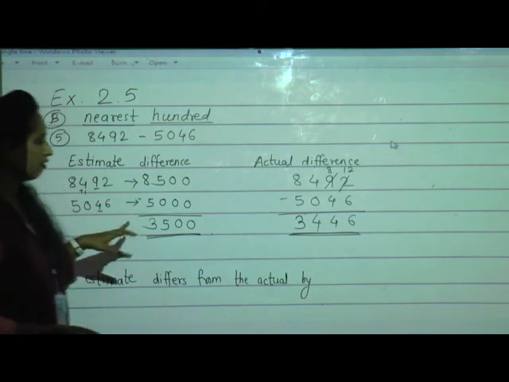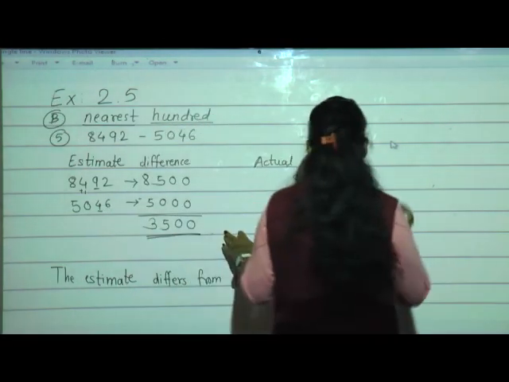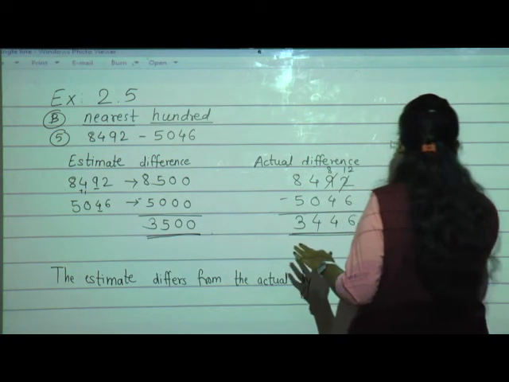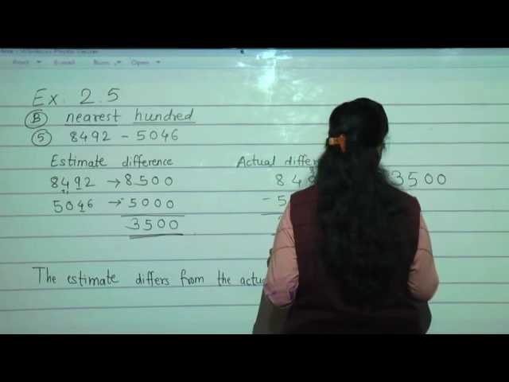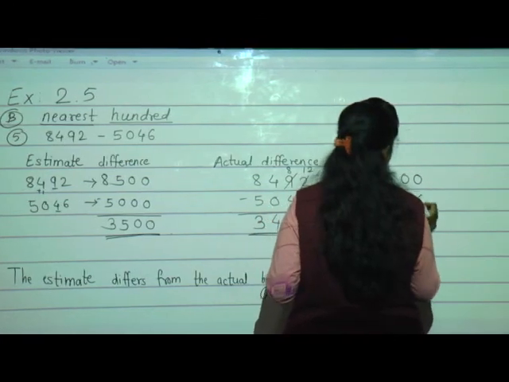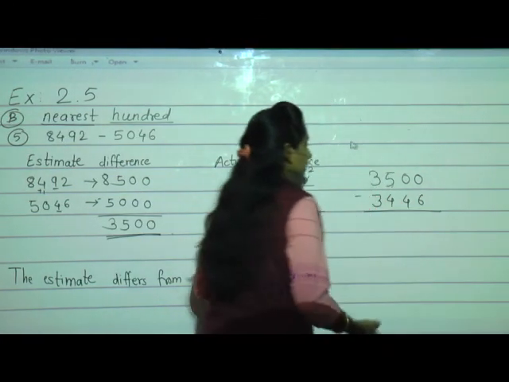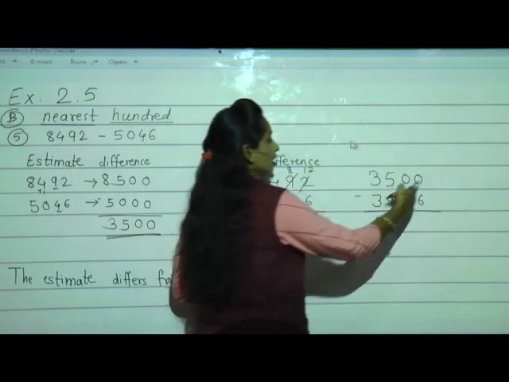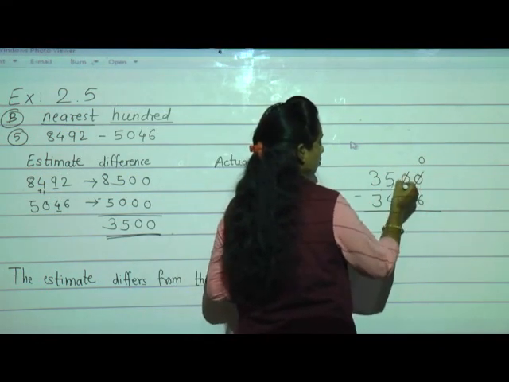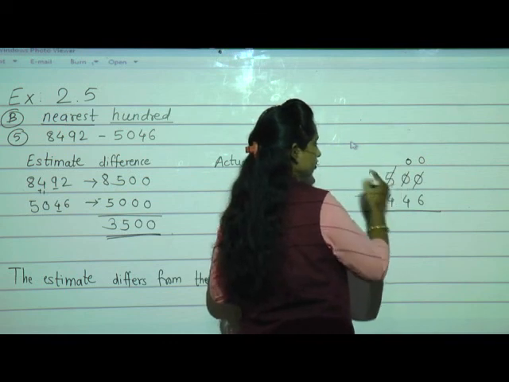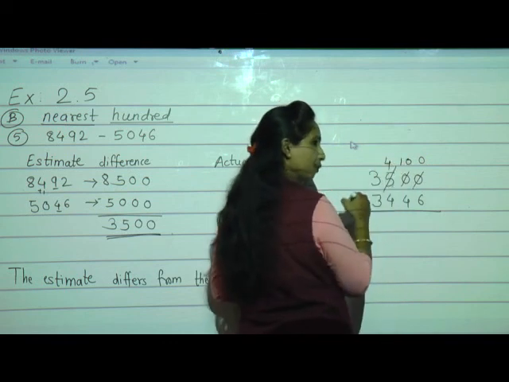Okay. Now we will find out the difference between actual and estimate. Okay. Now 0 minus 6 we cannot do, go to neighbor, he also doesn't have, so he will go to the next neighbor, which is having 5, he will give 1, 4 will remain.